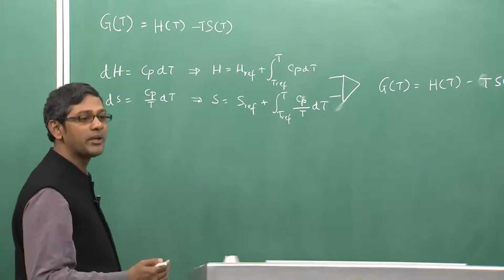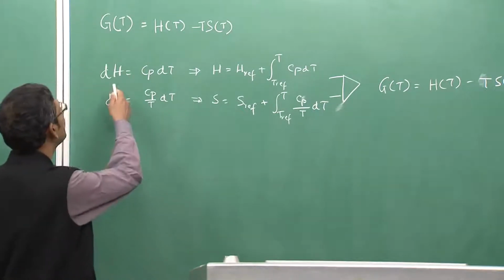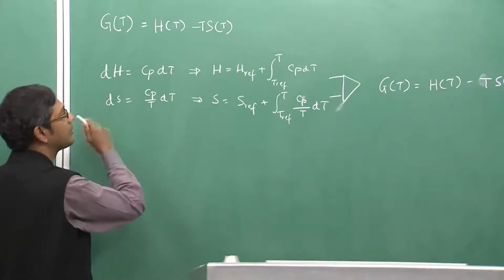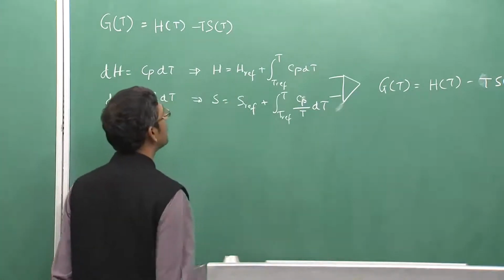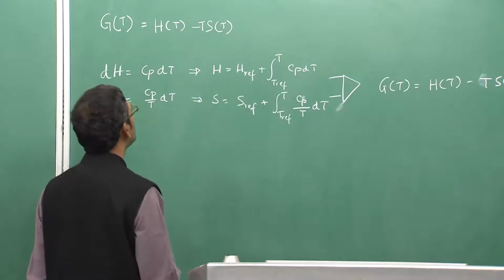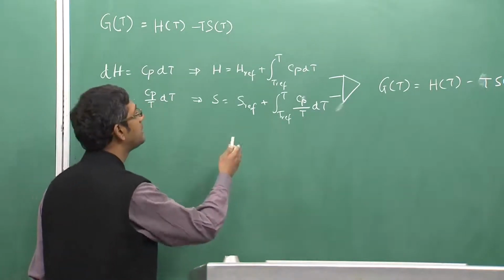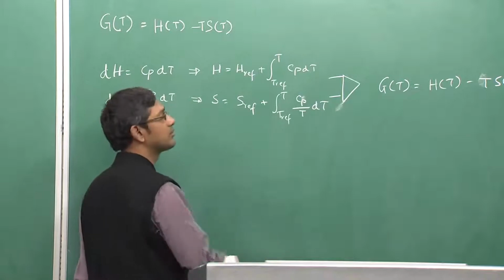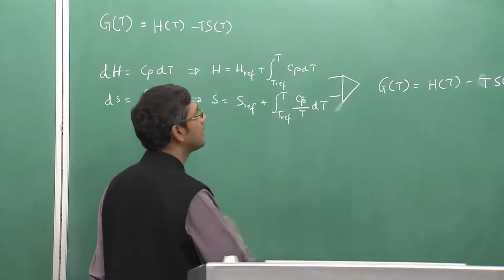And we know that by knowing Cp, we can calculate both the enthalpy and the entropy. By integrating Cp dT from T reference to T, we get enthalpy, and by integrating Cp/T dT from T reference to any actual temperature T, we get entropy.